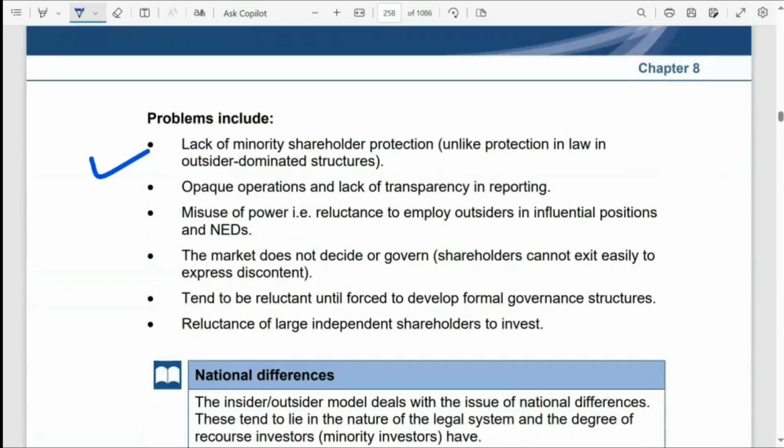The problems included in this method are lack of minority shareholder protection, misuse of power, the market does not decide, reluctance to develop until forced, and reluctance of large independent shareholders to invest.